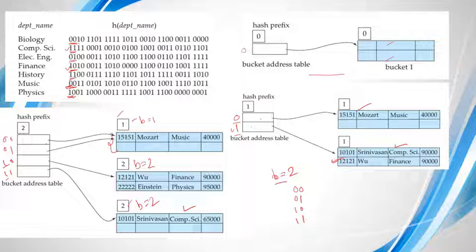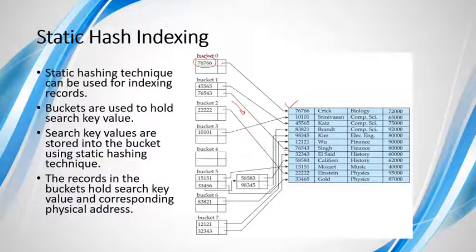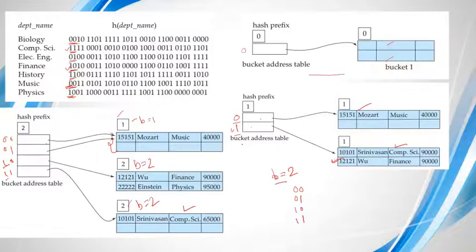Having this idea of dynamic hashing, we can create a dynamic hash index, similar to what we did for static hash indexing. In the case of dynamic hashing, instead of storing the record directly here, we will keep only 2 fields, the search key and the address of the actual record.